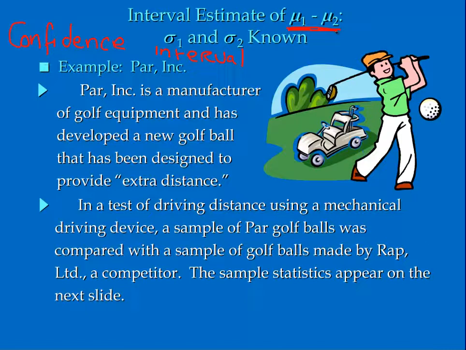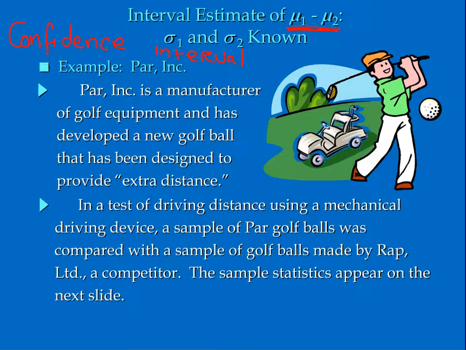Par is a manufacturer of golf equipment and has developed a new golf ball that is designed to provide extra distance. In a test of driving distances using a mechanical driving device, a sample of Par golf balls was compared to a sample of golf balls made by RAP, a competitor. We have the statistics in the next slide.